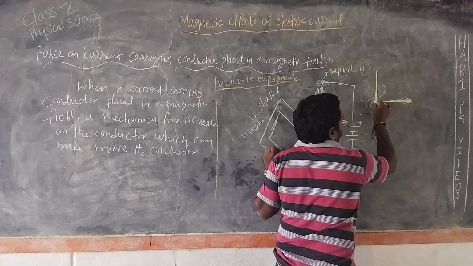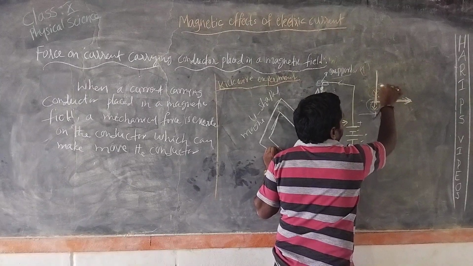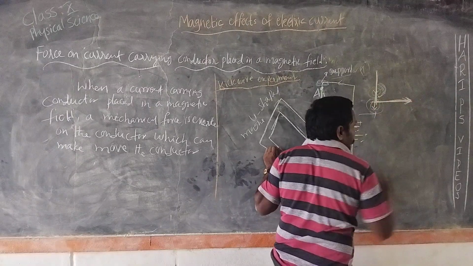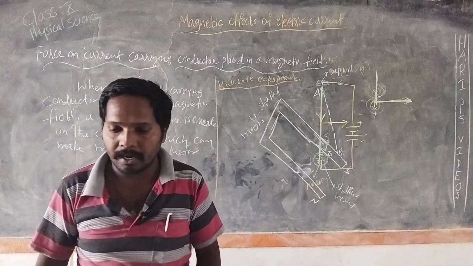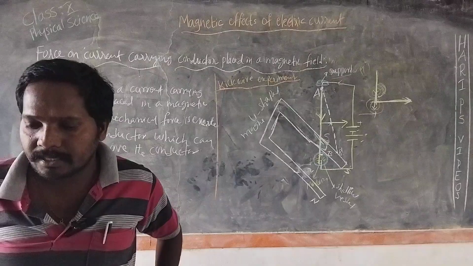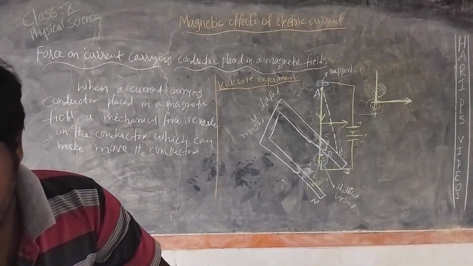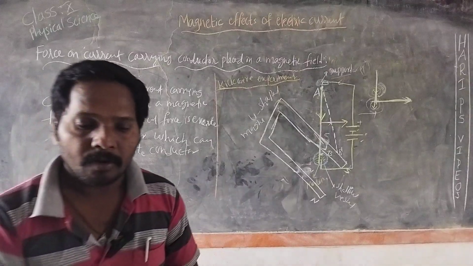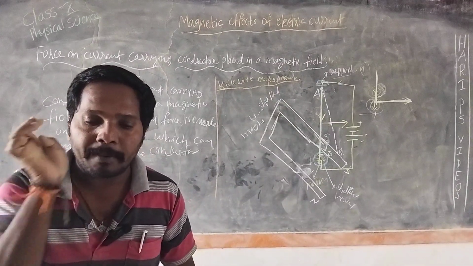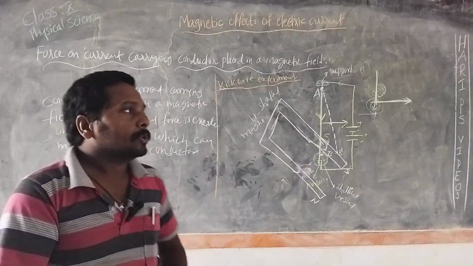The current carrying wire moves perpendicular to the direction of current and perpendicular to the direction of the magnetic field. So the maximum force is exerted on a current carrying conductor only when it is perpendicular to the direction of the magnetic field.